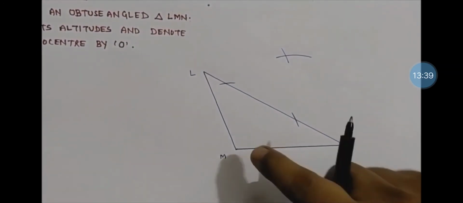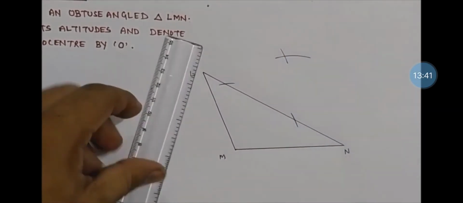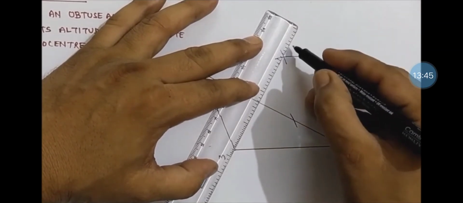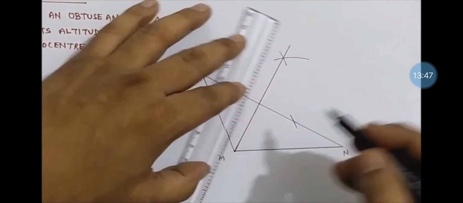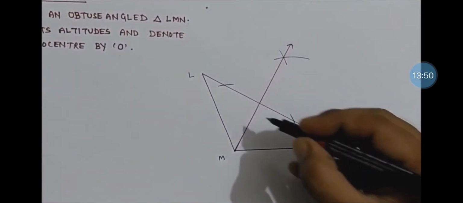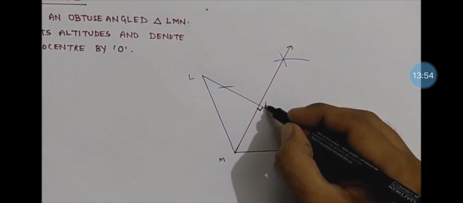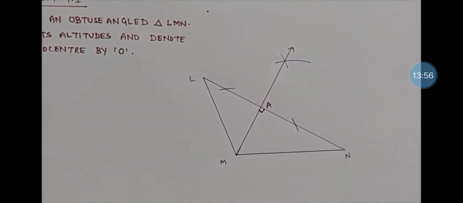Then join point M and arc point. Now name that point as A. So MA is one altitude now.